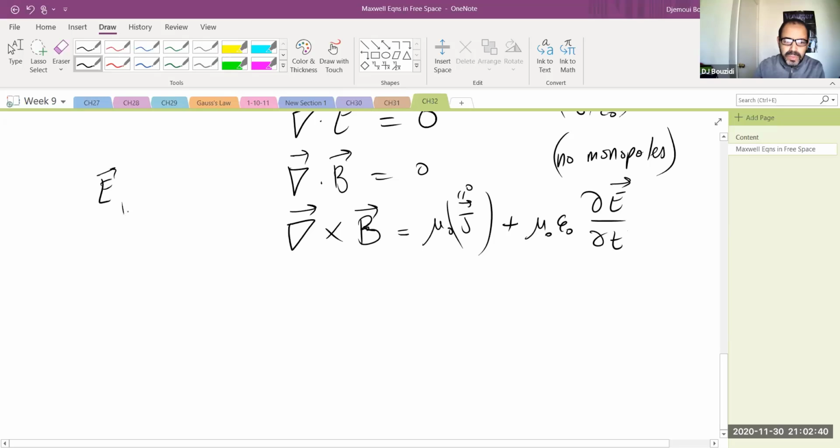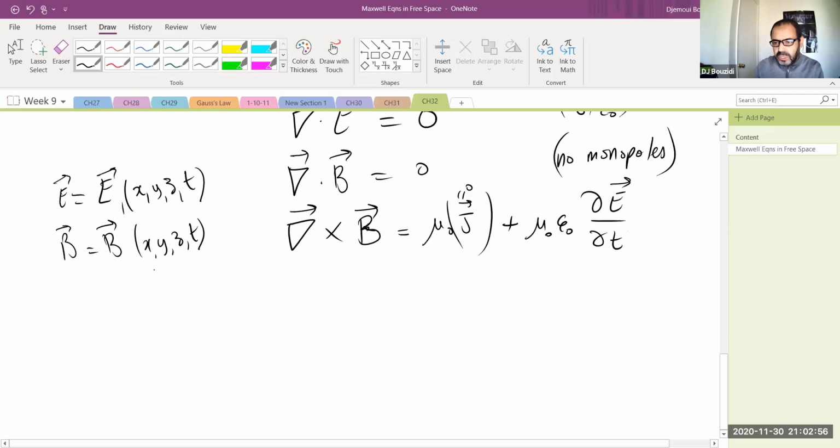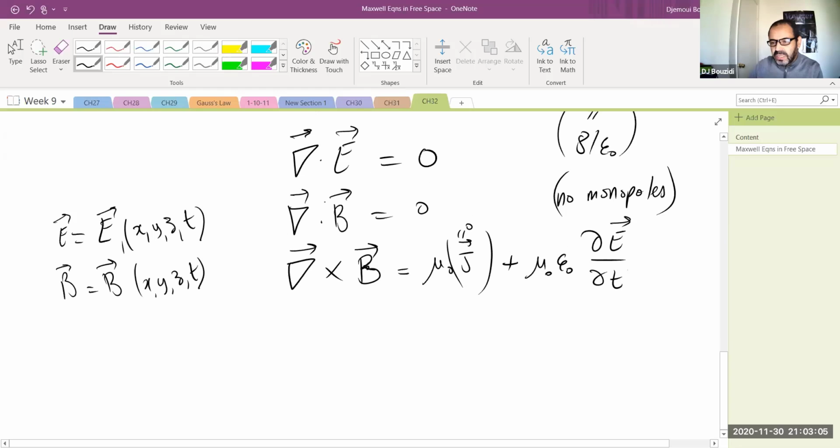The electric field is a function of x, y, z, and t. The magnetic field, also the same thing. They vary in space and time. That's why we cannot really use straight derivatives.